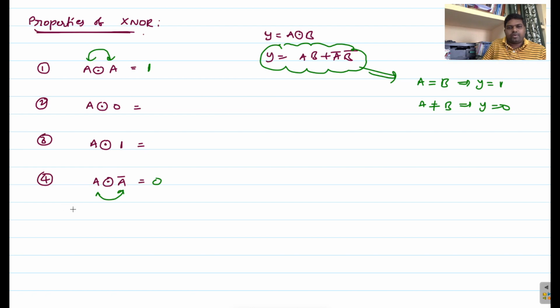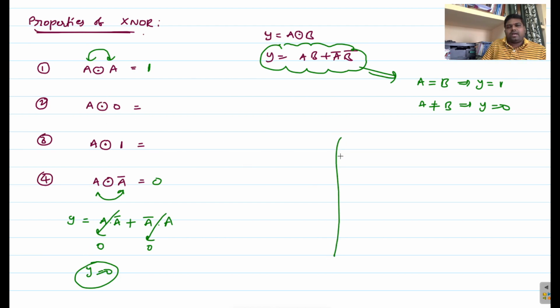For example, y equals A with B equal to A bar, plus A bar with B bar equal to A bar whole bar, which is A only. This A into A bar equals 0 and A bar into A equals 0, so ultimately y equals 0.